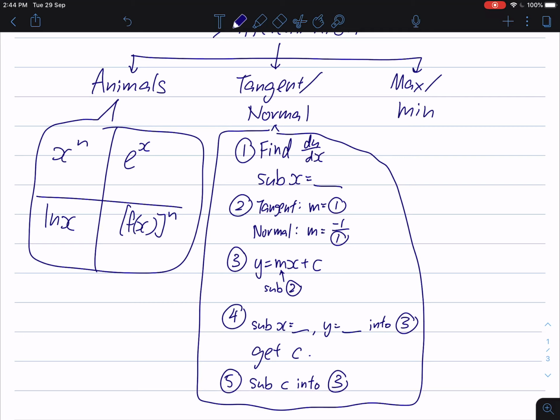You see the words, trigger. You just get triggered already. Okay, you know you're doing differentiation. You call upon these steps to solve.